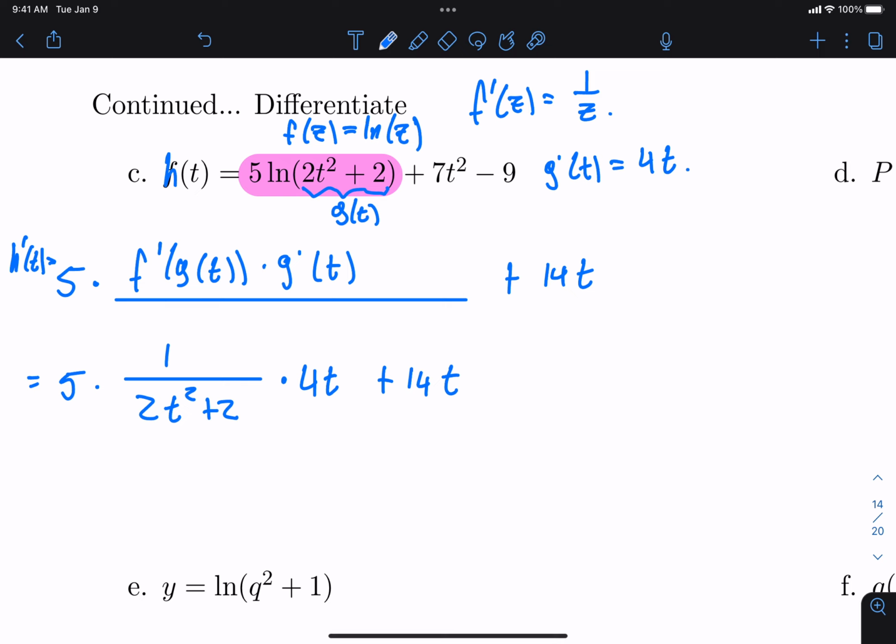So if you wanted to clean it up a little bit, you could combine some of this stuff into 20t. Actually, we could do 10t over t squared plus 1 plus 14t, if you wanted to simplify fully. Why couldn't we include the 7t squared in the outside function?